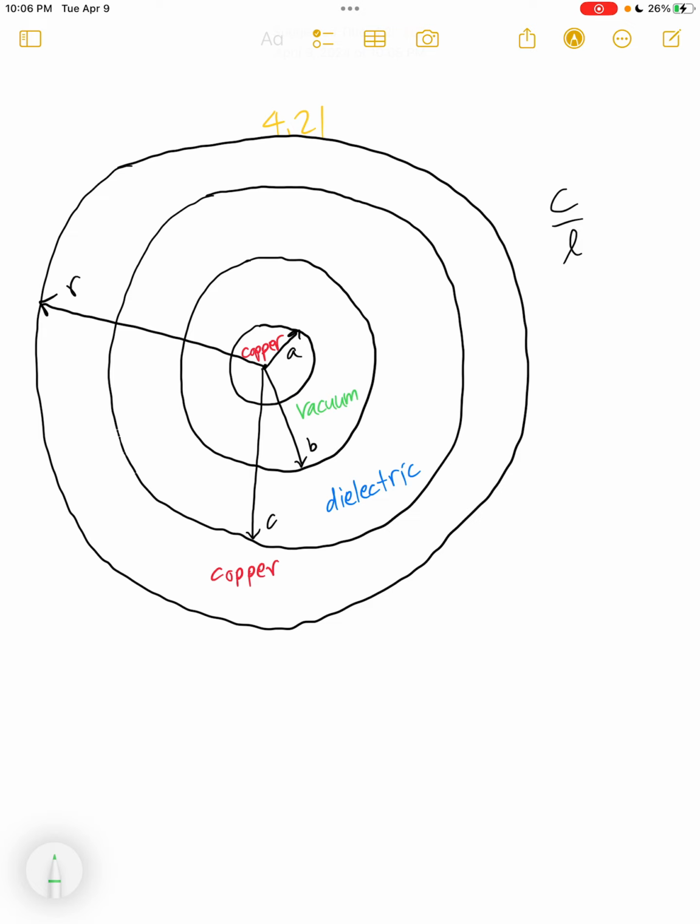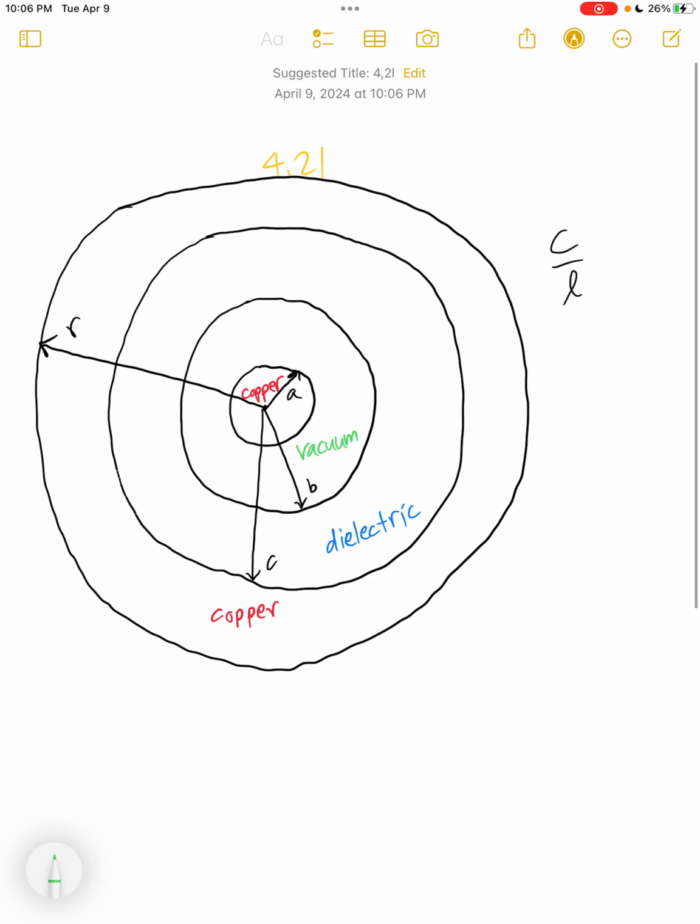Okay. So, like I said, we need the capacitance per unit length of this cable. So we know that this is the formula for capacitance, right? If we have a parallel plate capacitor, we know that one of the plates has positive charge, the other one has negative charge, and there's a potential difference between.